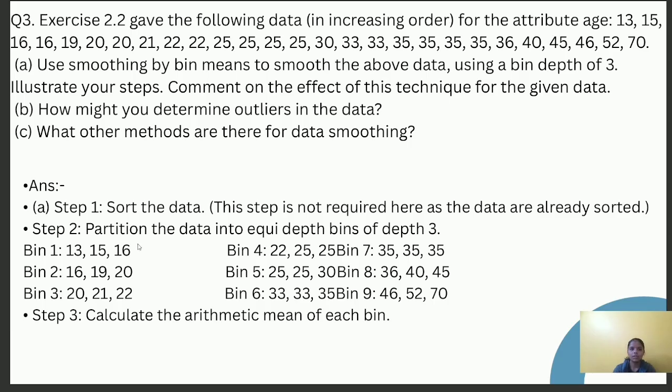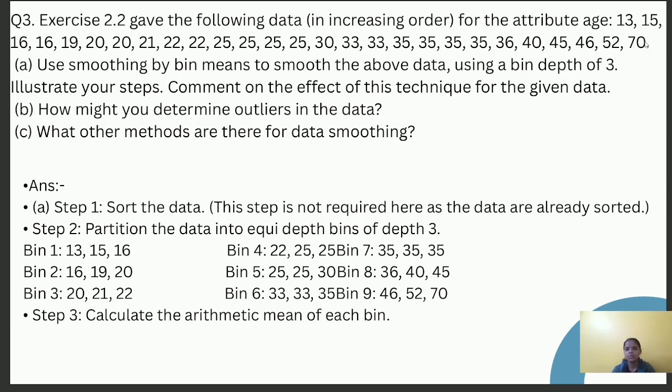As we know, the total number of data points are 1, 2, 3, up to 27. Here there are a total of 27 data points.